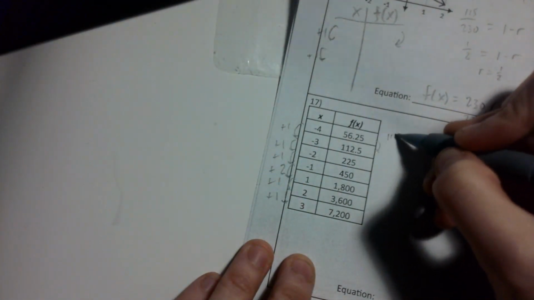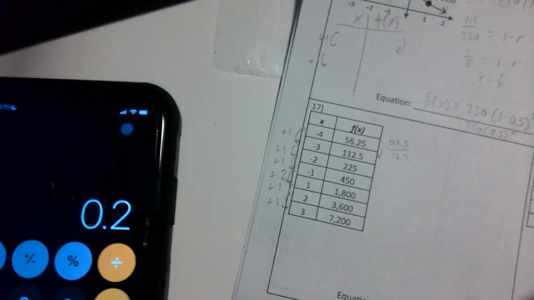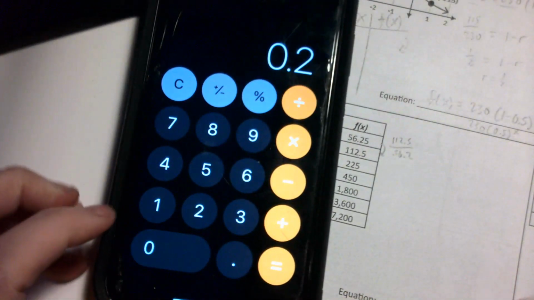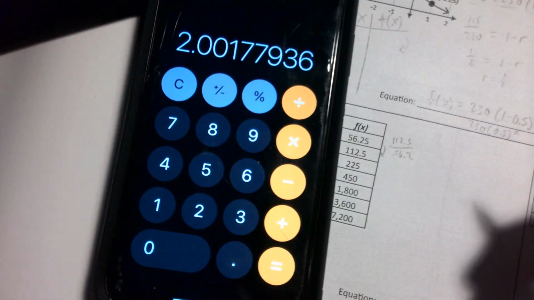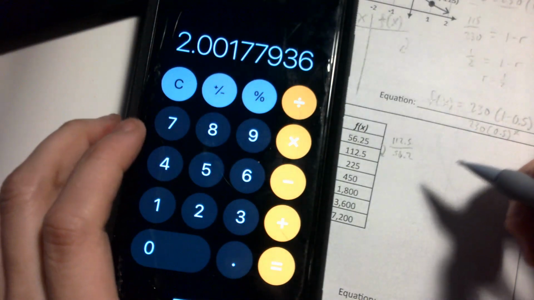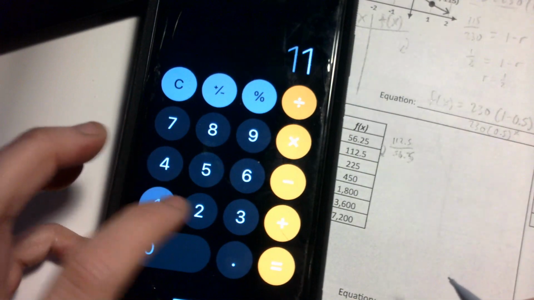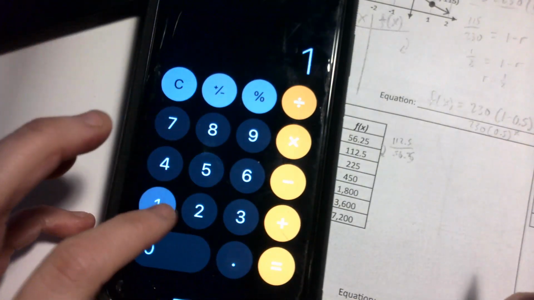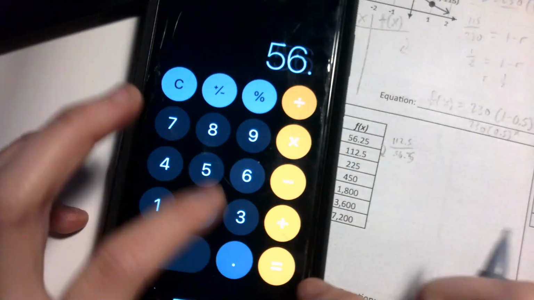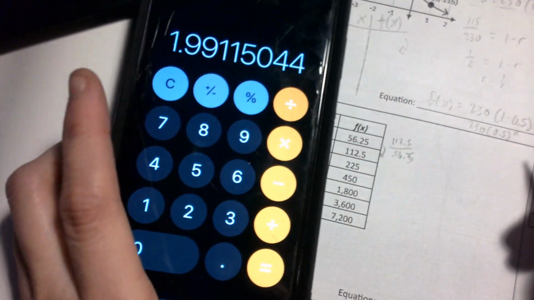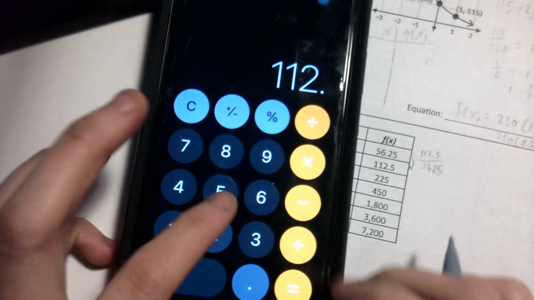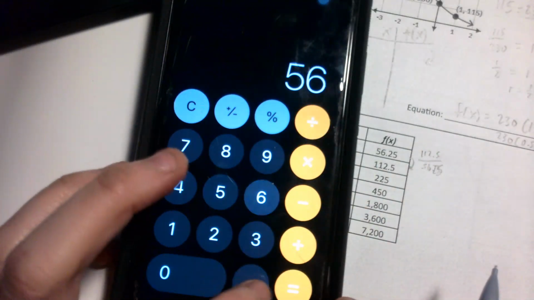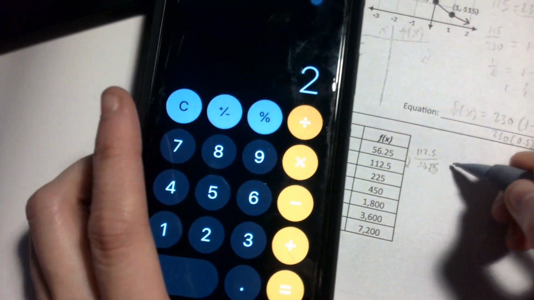So we have 112.5 divided by 56.25. 112.5 divided by 56.25 equals 2, right?